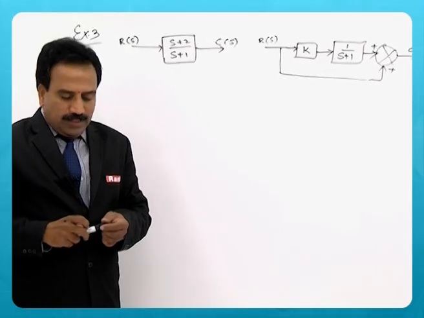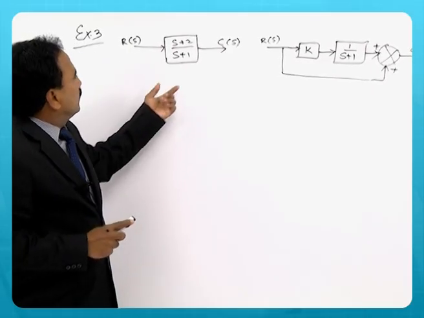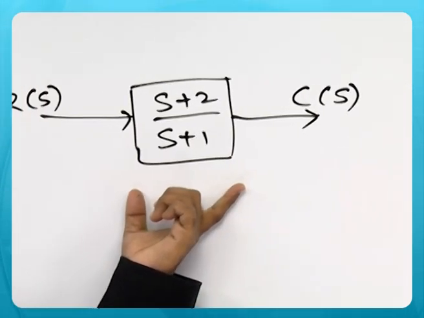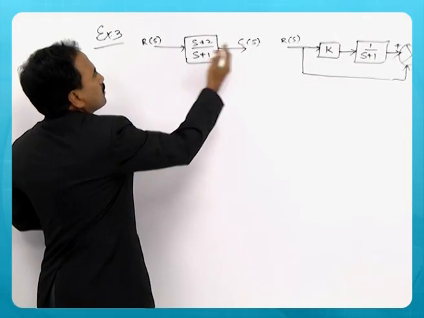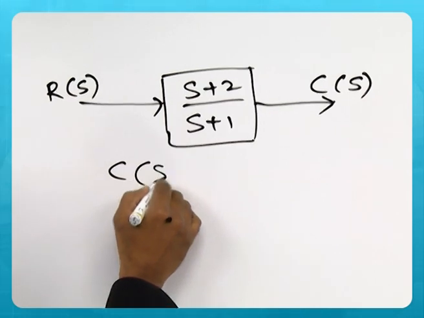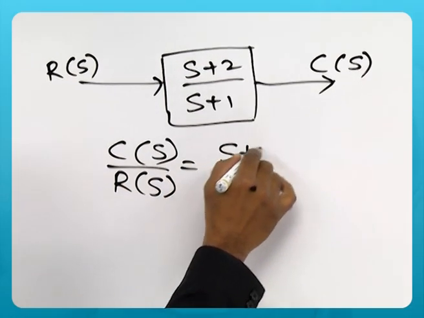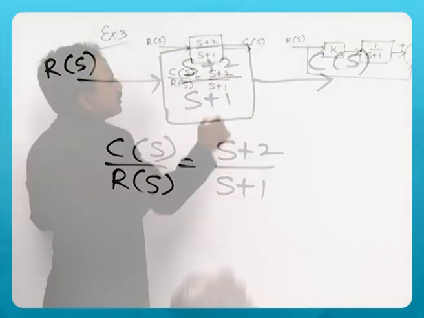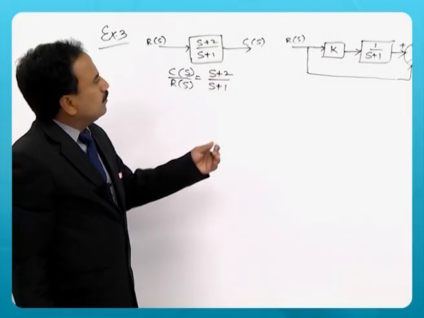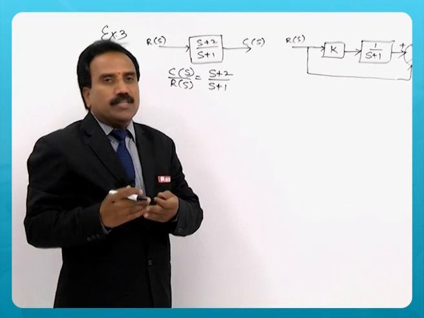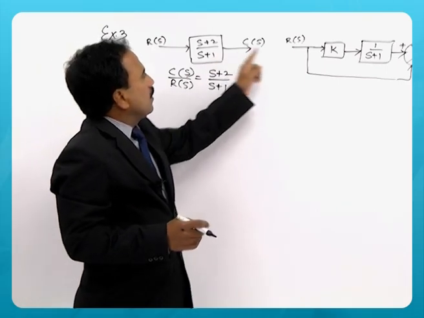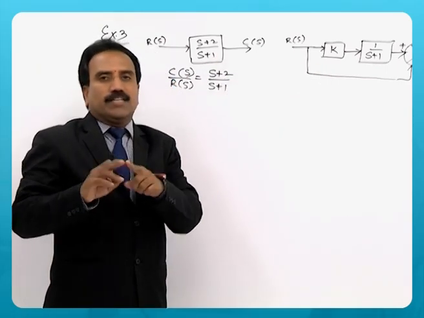This is another kind of problem. This first diagram, transfer function C of S by R of S, it is very clear that it is a simple single block. It is given by S plus 2 by S plus 1. Now the question here is, these two blocks are said to be equivalent.